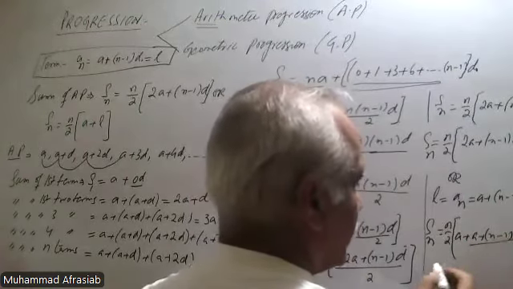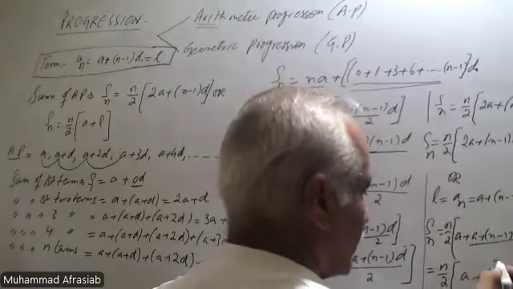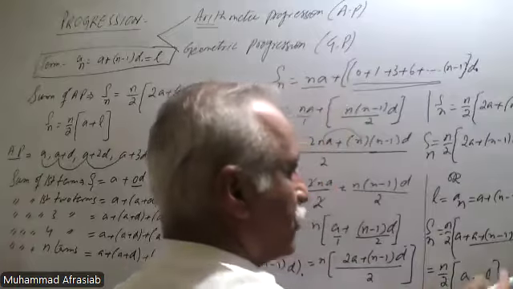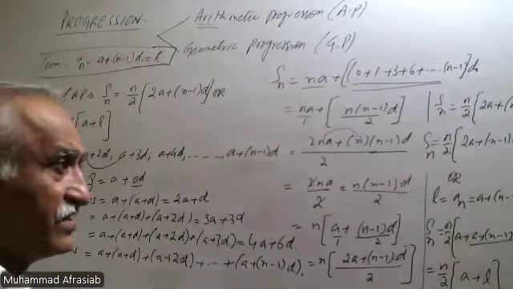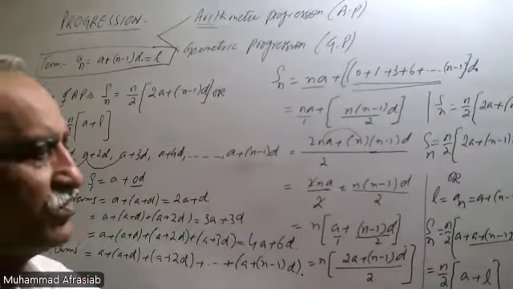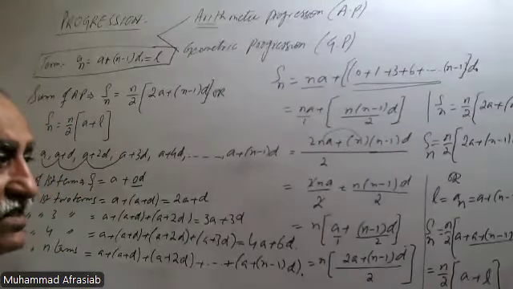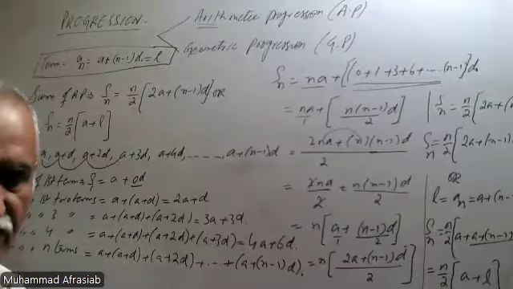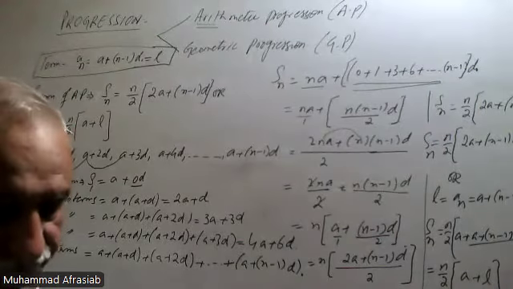But this whole bracket is the last term, so it is equal to n over 2 into (a plus l). You can use the first formula when you know the number of terms, the first term and the difference between two terms, and the second formula when you know the number of terms, the first term and the last term. So this is the formula derived for the sum of the arithmetic progression.